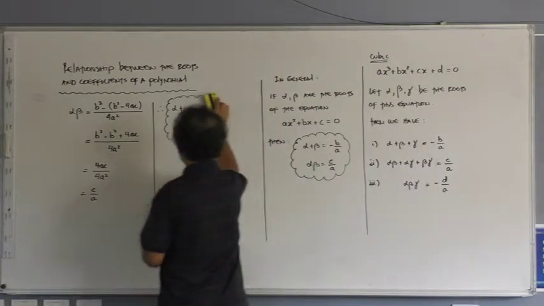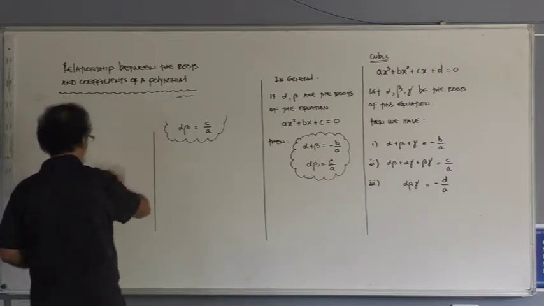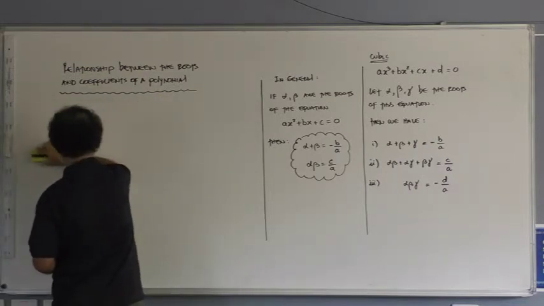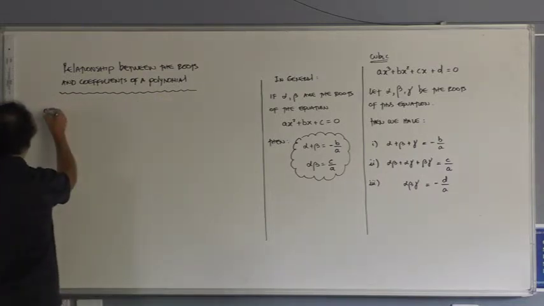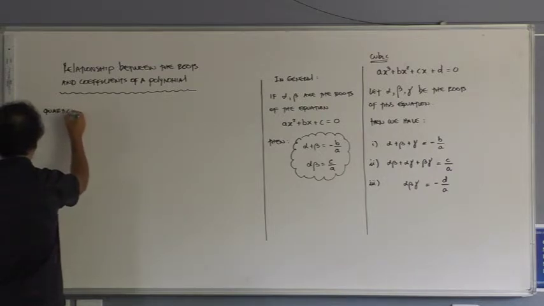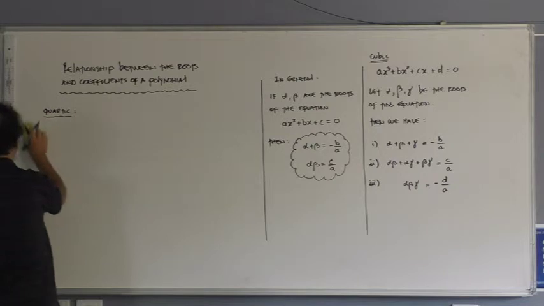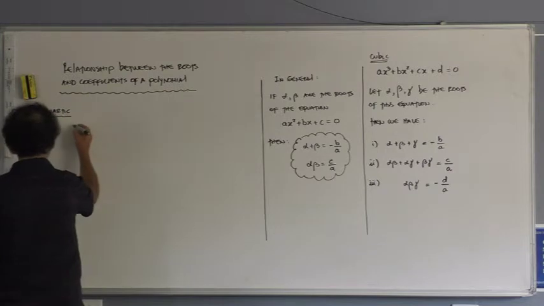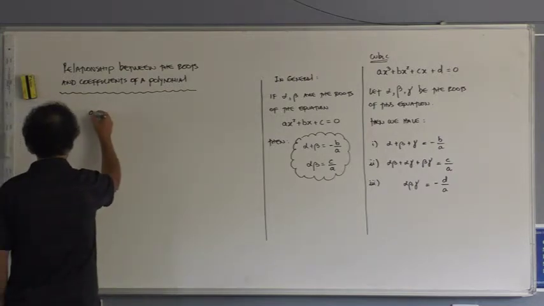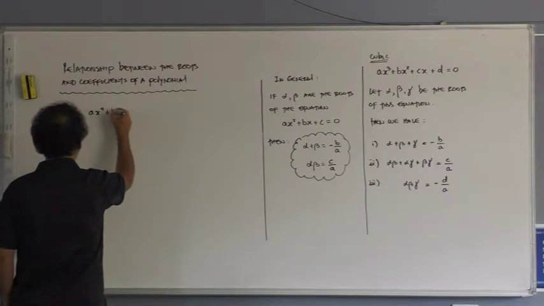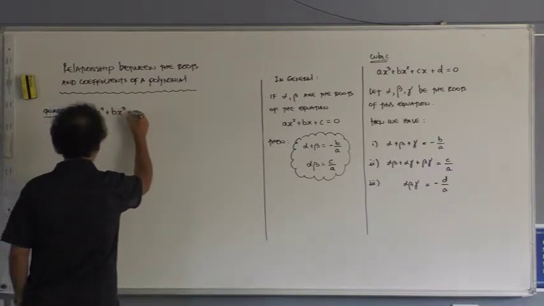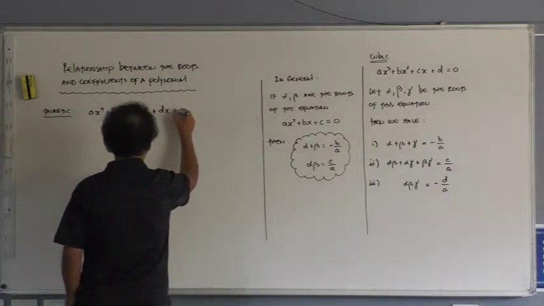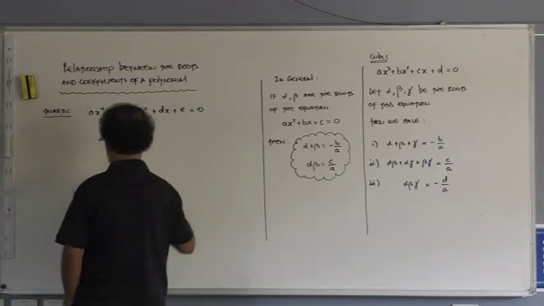Okay, so we're going to study the relationship between coefficients and roots for a quartic now. When you have a quartic, it looks like this: ax to the power of 4 plus bx cubed plus cx squared plus dx plus e equals 0.